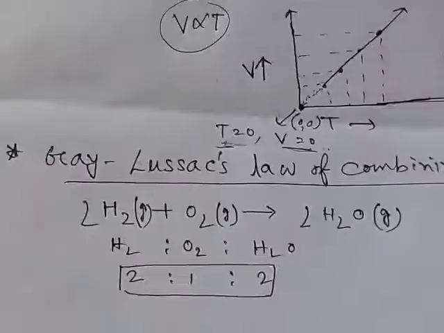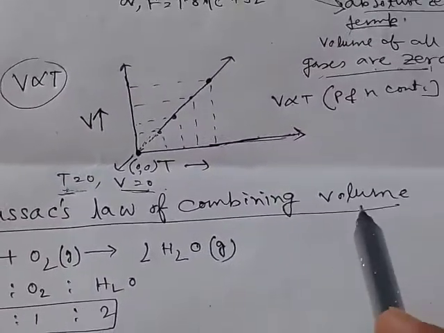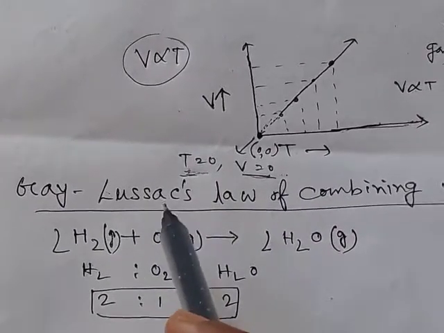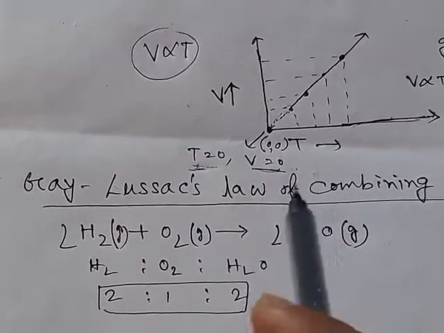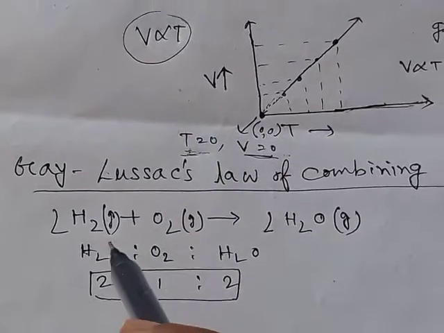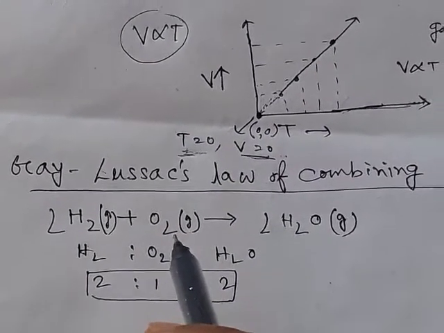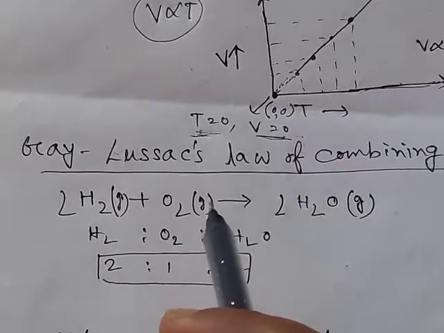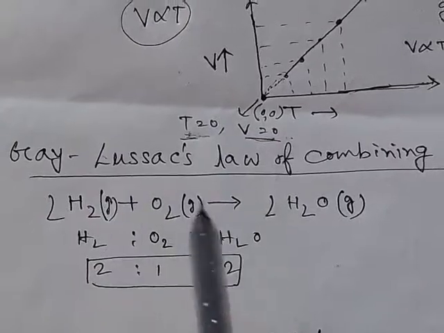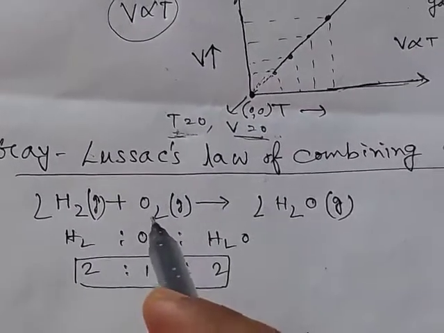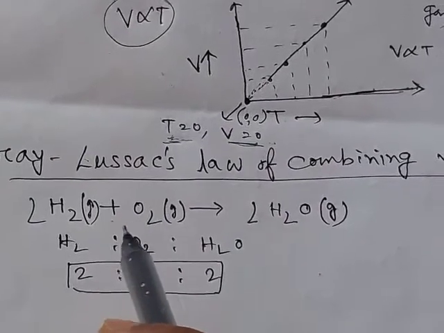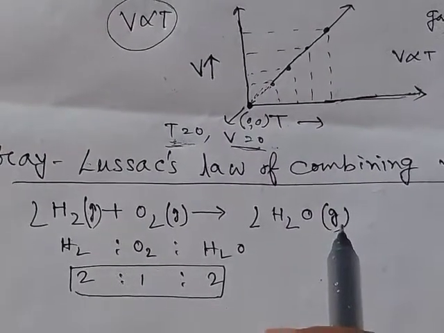Now Gay-Lussac's law of combining volumes. Scientist Gay-Lussac first observed that when reactants react with each other and the reactants are in gaseous form, they always combine in a simple ratio, and if the product is also a gas, then there will be a simple ratio as well.